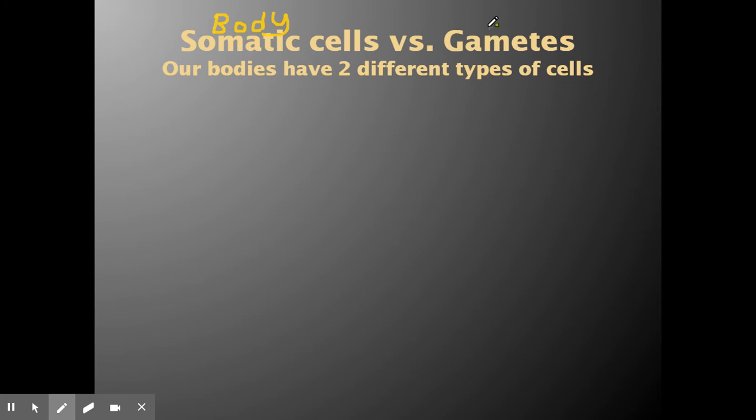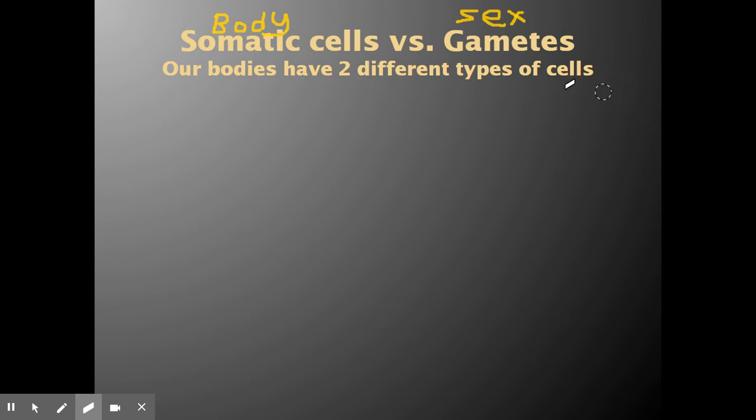Whereas gametes are called sex cells. These are reserved only for making a new being instead of just a new cell. These help with making brand new people or animals, through fertilization and stuff.